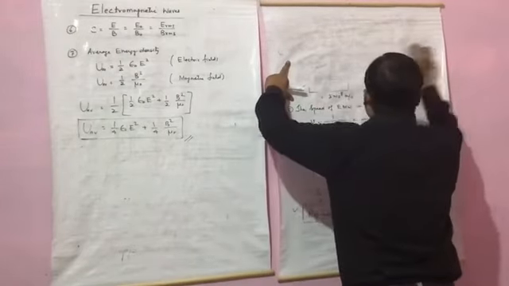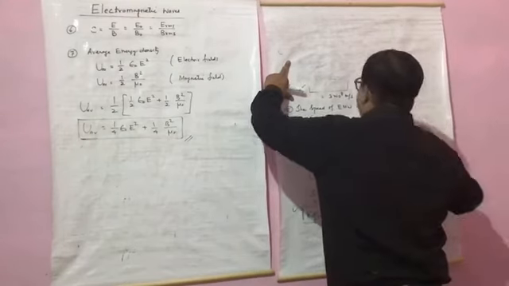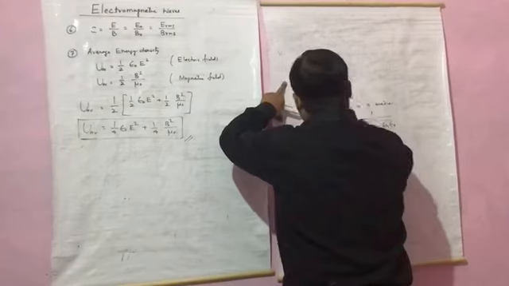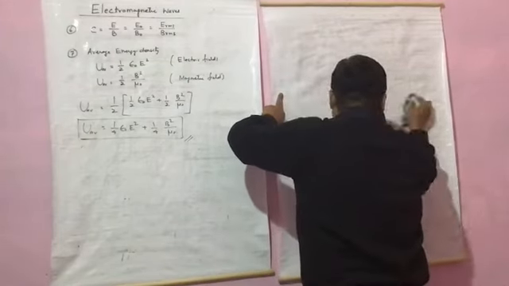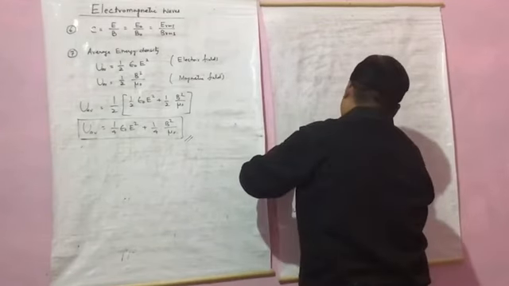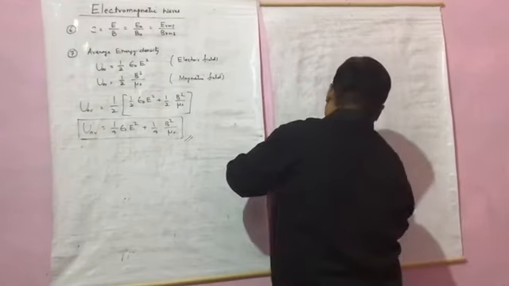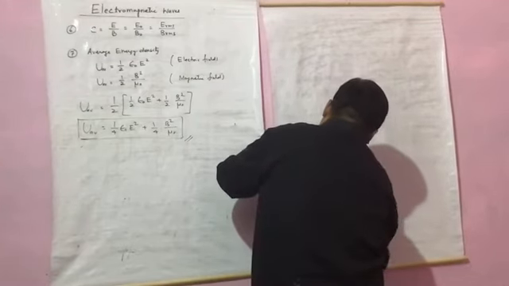So there are many types of electromagnetic waves. Gamma radiation, X-ray, ultraviolet radiation, visible light, infrared radiation, microwaves and radio waves are all electromagnetic waves.